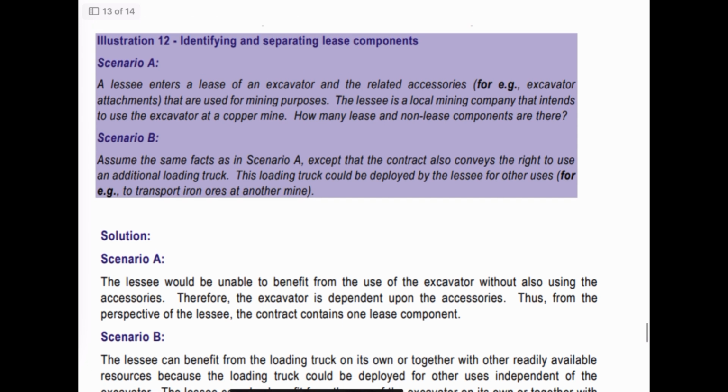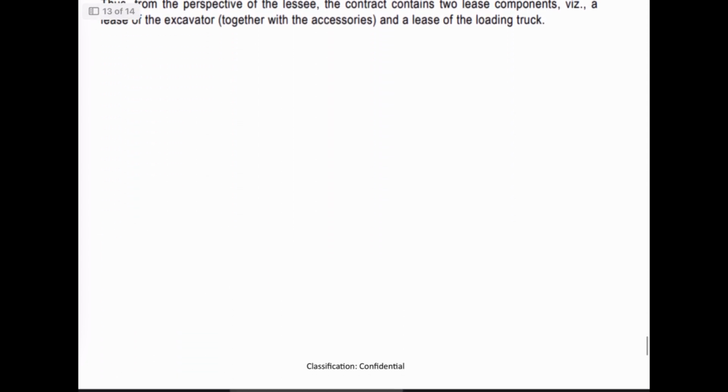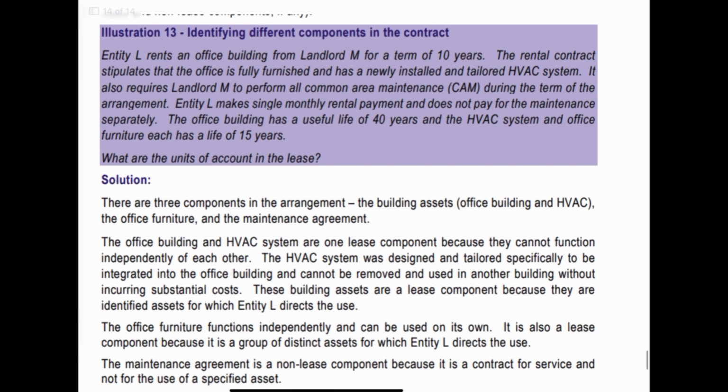You can take this illustration as your homework. Let's go through the next example. Here entity L rents an office building from landlord M for a term of 10 years. The rental contract stipulates that the office is fully furnished and has a newly installed and tailored HVAC system.